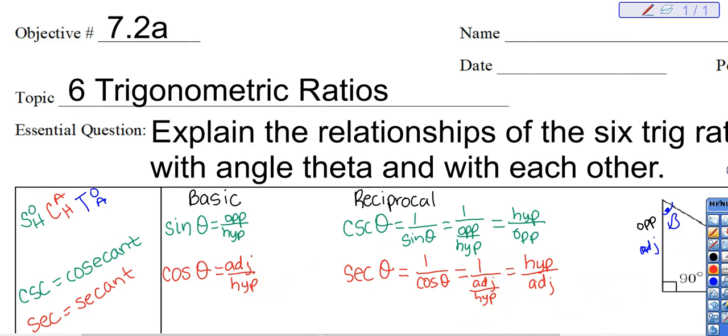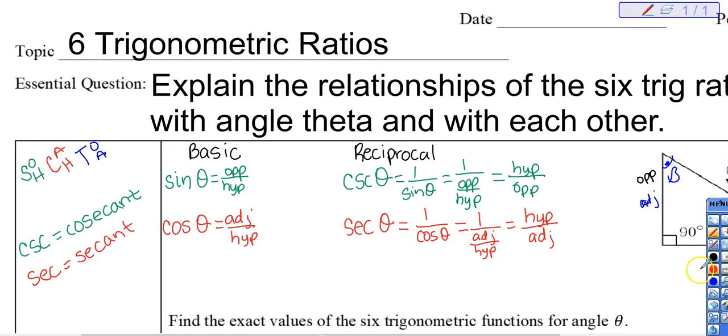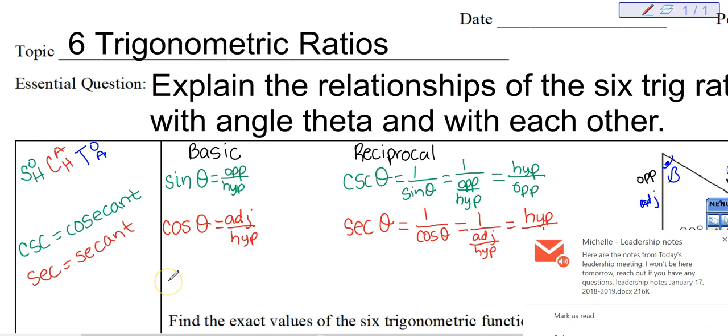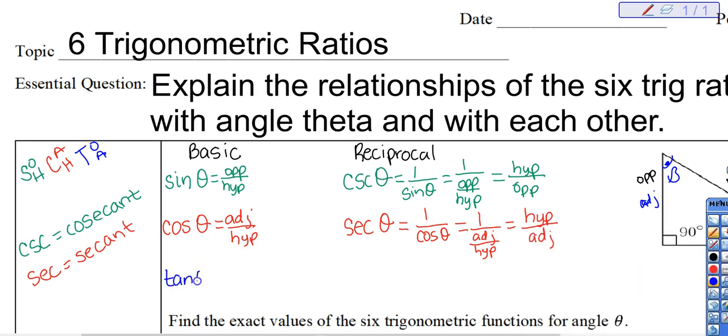Absolutely. All right, last one, basic function. Sine and cosine are the really basic ones. All of the other functions are built around sine and cosine, because tangent of theta, using your mnemonic, is opposite over adjacent. Okay? And its reciprocal function is a little bit easier to remember.